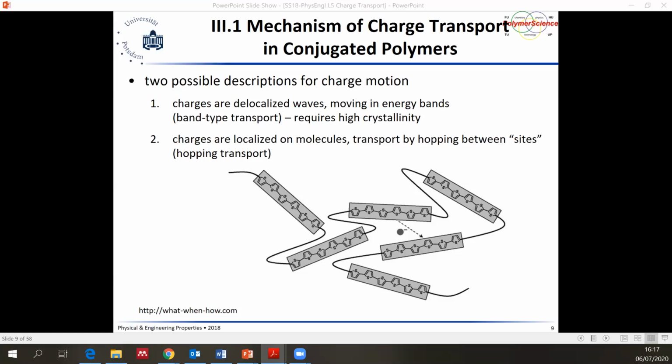From this work, it was developed that the hopping rate is assumed to depend both on the energetic offsets, so the offsets between each LUMO or each HOMO that the charge has to hop between, and the spatial distance between the sites.